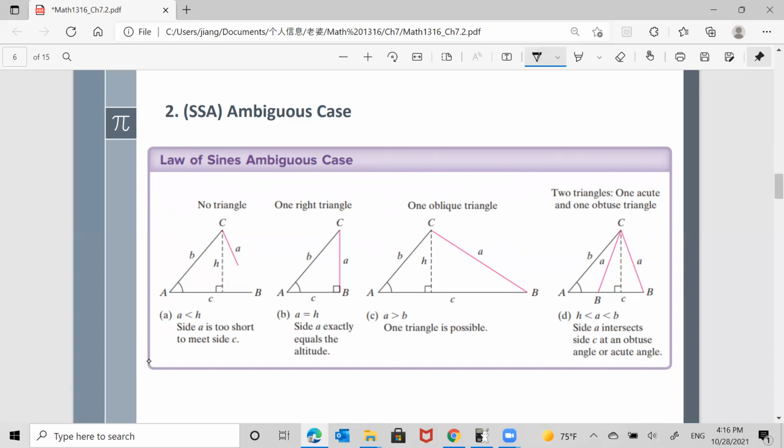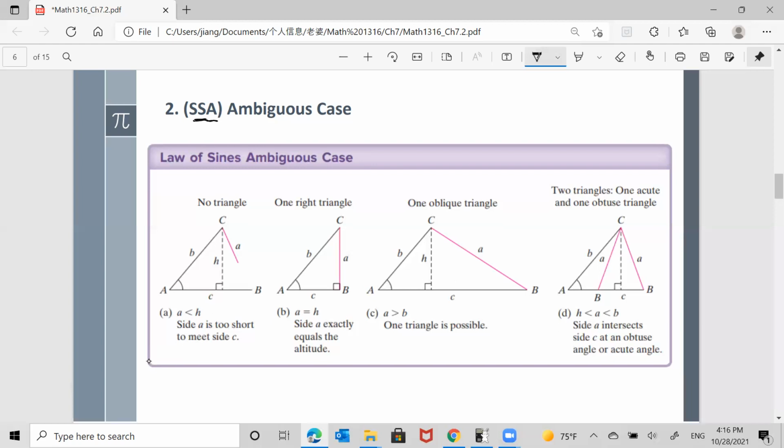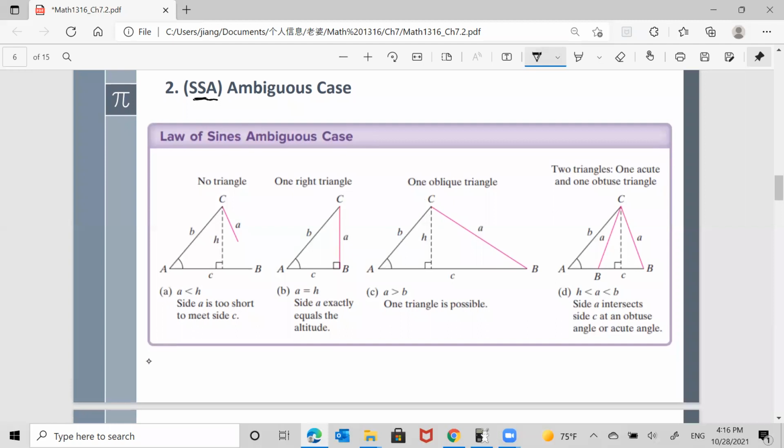But if we only have two sides and one angle, this is the ambiguous case because we don't know the other two angles. So if the question provides us the SSA case, this is ambiguous because it has so many possible cases. So the first case, for example, if they provide us SSA, the two sides are together.